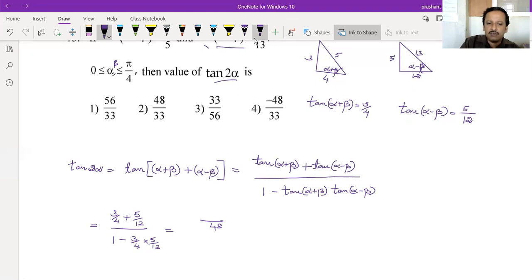So 4 12s are 12 into 3, 36, plus 12 4s are 4 into 5, 20, divided by 48 minus 15. 48 gets cancelled. 36 plus 20 gives you 56, divided by 48 minus 15, which is equal to 33. So the answer is 56 by 33, which is the first option.